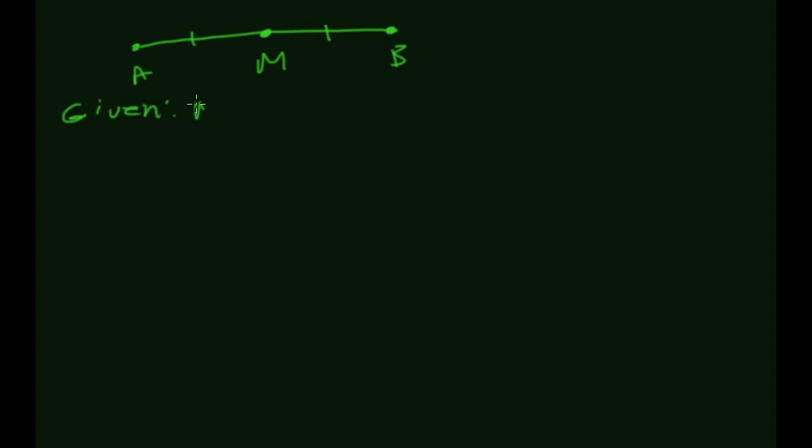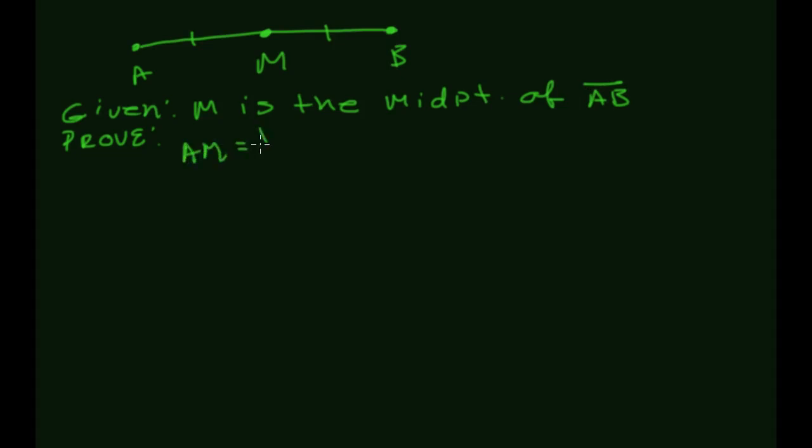We are given that M is the midpoint of segment AB. And what we're trying to prove, the target of our proof, is that if this is true, then AM has to be half of AB, and MB has to be also half of AB.